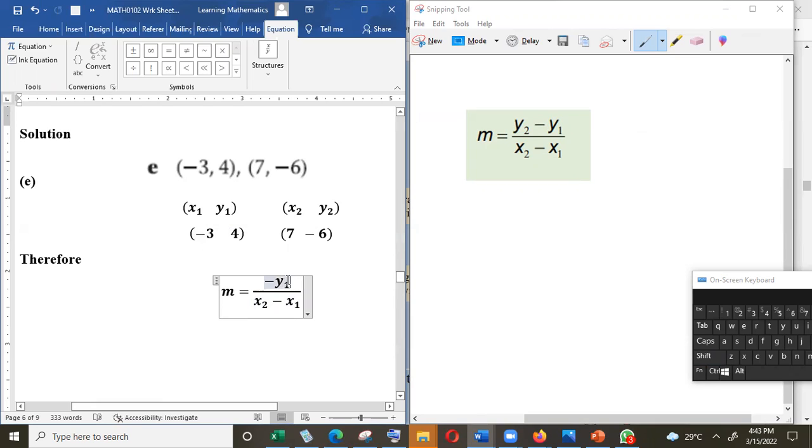That's the general format of the formula. We have to put a number there, there, there and there.